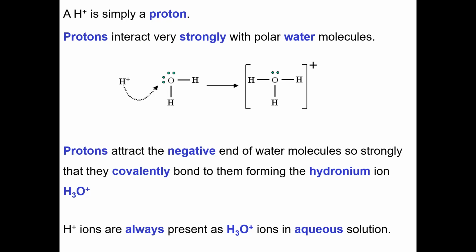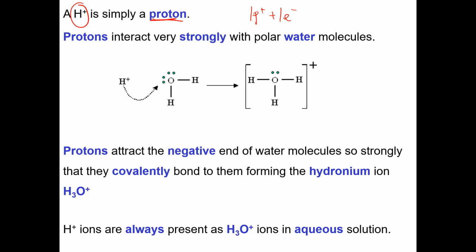It's important to realize that a hydrogen ion is simply a proton, because a hydrogen atom comprises one proton and one electron. There are no neutrons in the nucleus of a hydrogen atom. So when a hydrogen ion forms, the hydrogen atom loses its electron, leaving behind a proton.